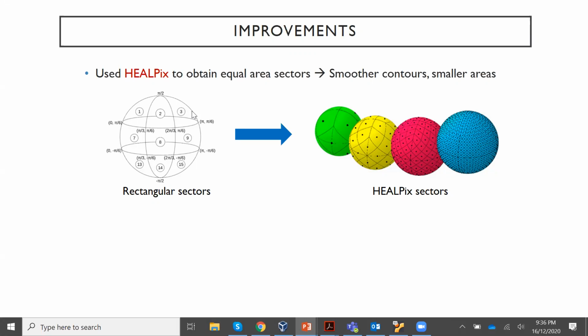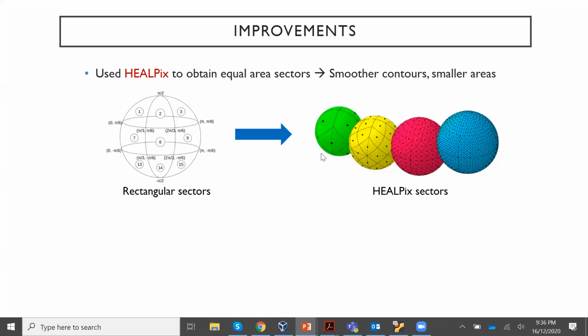So you might have noticed that my sectors towards the poles, if I have these rectangular or square sectors, have areas which are different from those near the equator. The way to overcome this is by using HEALPix sectors, which were designed to obtain equal area pixelization of a sphere.